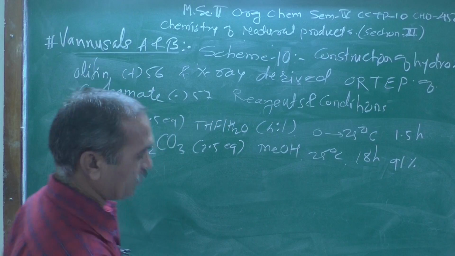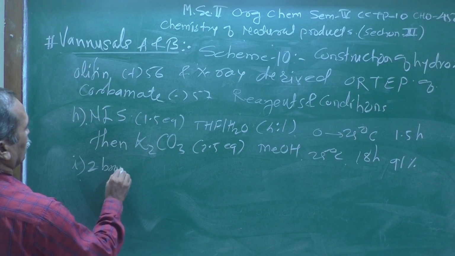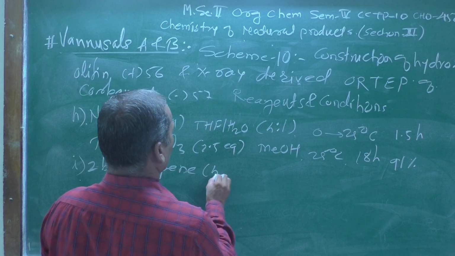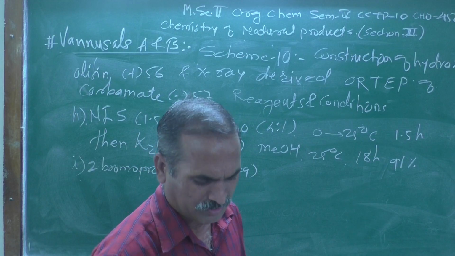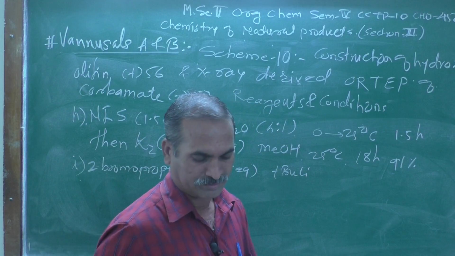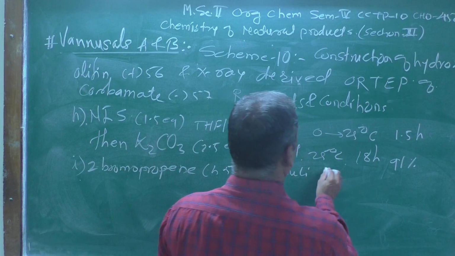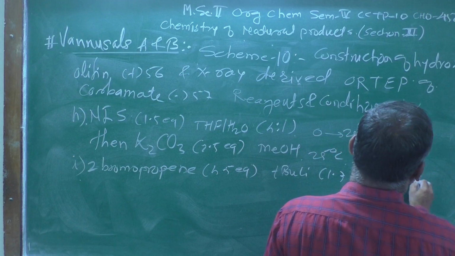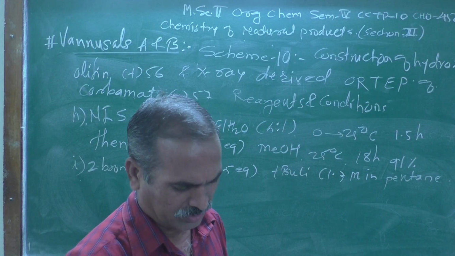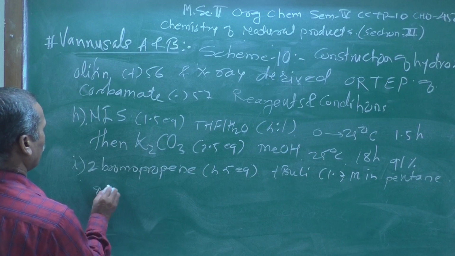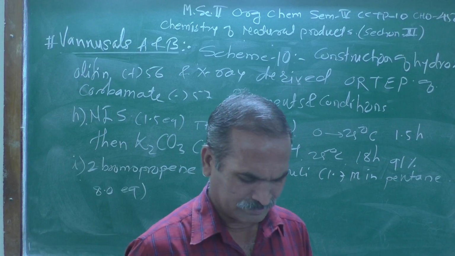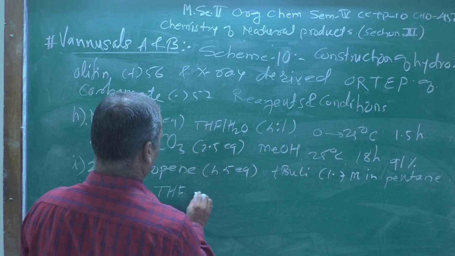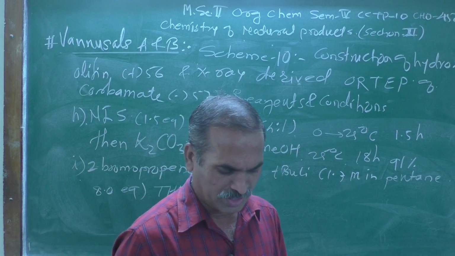HI is 2-bromopropene, which was taken about 4.5 equivalent, and tertiary butyl lithium, 1.7 molar in pentane, which was taken about 8.0 equivalent, and the solvent was THF, tetrahydrofuran, temperature kept at minus 78 degrees centigrade.